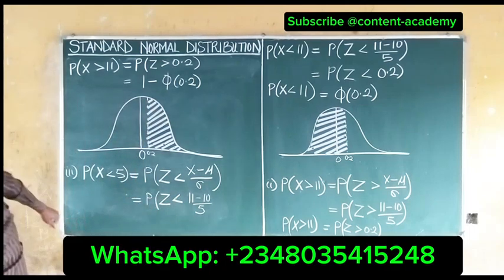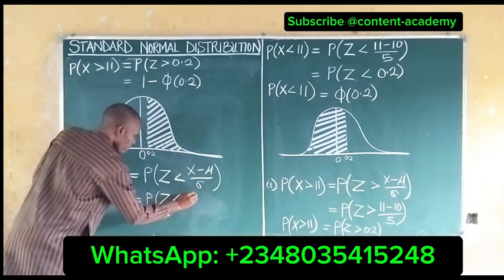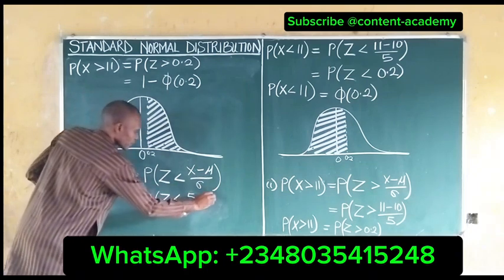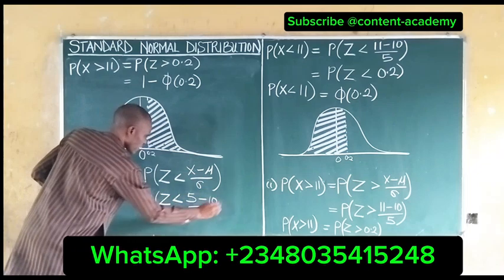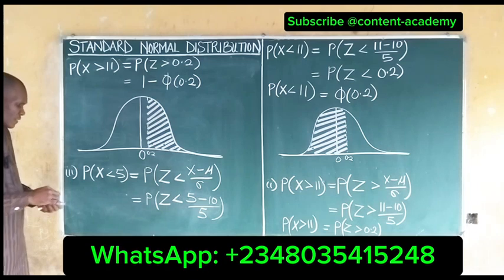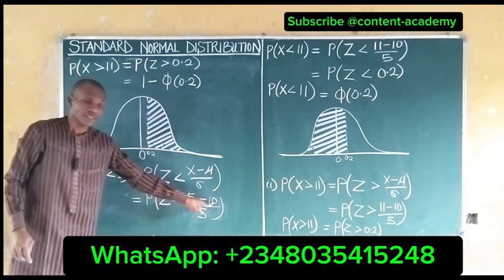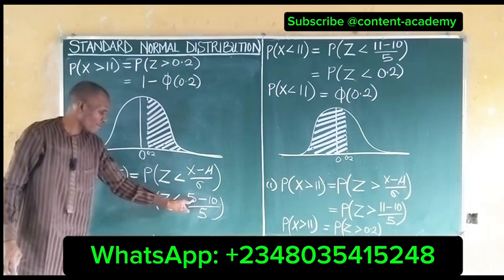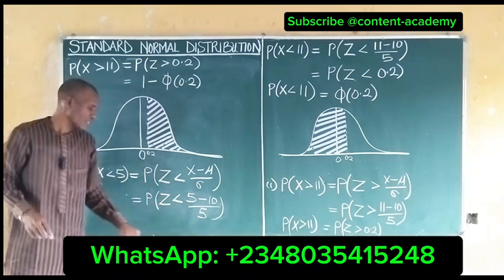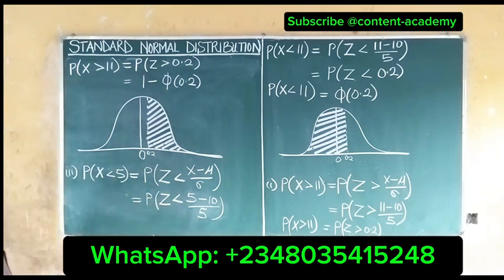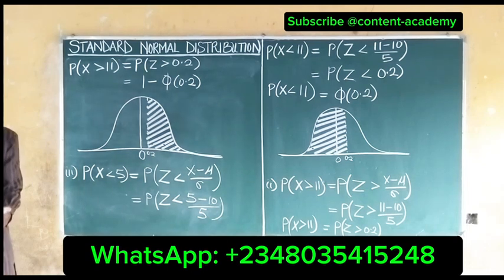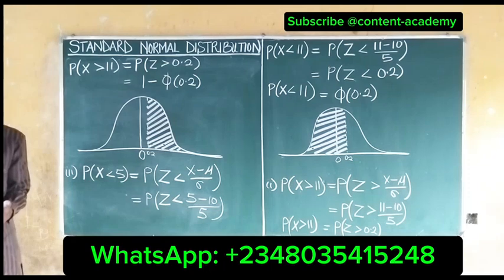We have our X here given to be 5, minus our mean, which is 10, all over 5. 5 minus 10 is negative 5, divided by 5, so we have negative 1.